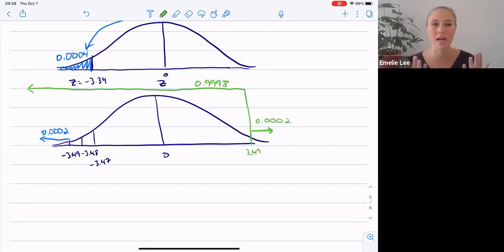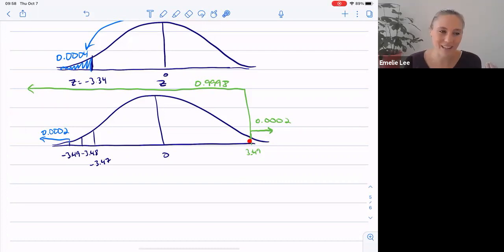You can leverage that symmetry, right? And that's just going to come with practice and working with different Z scores and different areas under the curve. But this symmetry is going to serve you well, right? Because if you want to find the area above 3.49, what could you do?